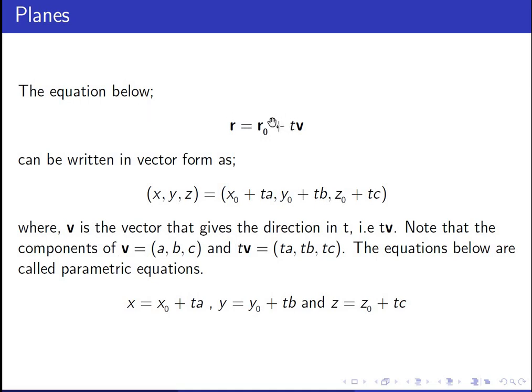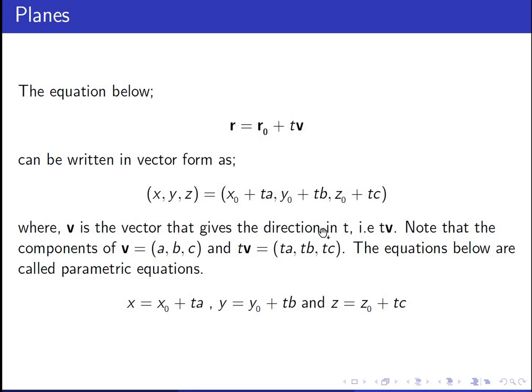Since these are vectors and we are in R3, this equation can be written in vector form as (x, y, z) equals (x0 plus ta, y0 plus tb, z0 plus tc). Obviously, in R3, r0 is in R3, v is in R3, and t is just some scalar multiple. So when we add two vectors that are in R3, we end up with a vector in R3 as in here. So this is the vector form of an equation.